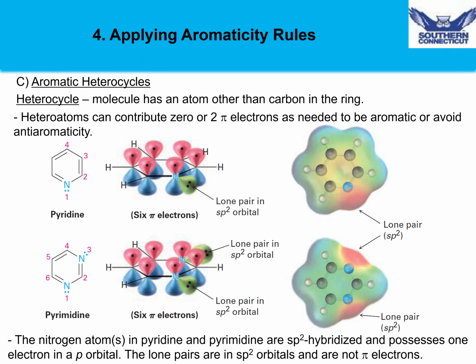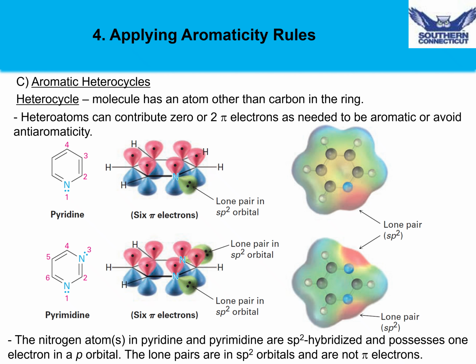A few examples of aromatic heterocycles. Heterocycles are compounds that contain more than one type of atom, so that's one definition, or another way of looking at it, it contains an atom other than carbon within the ring. Heteroatoms generally will have a lone pair or maybe even 2.